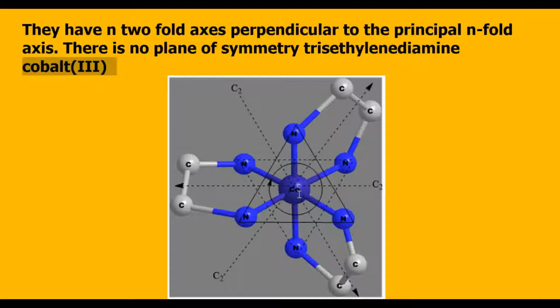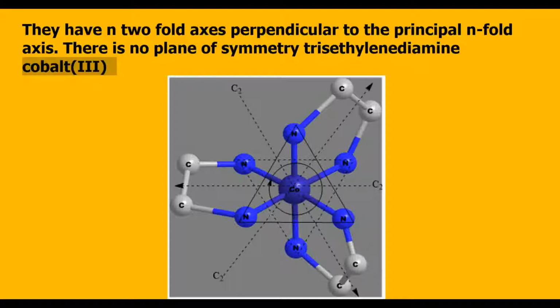What we do here is, we first try and locate the principal axis, and you know that principal axis is the z axis, that is the axis which is going inside the plane and outside the plane or the screen of this mobile or computer, whatever you are using. So if I rotate this molecule around this axis like this, then at an interval of 120 degree, I will get the same appearance.